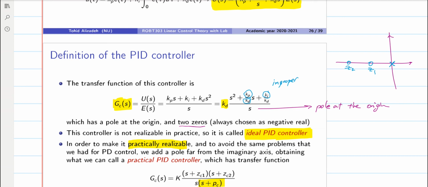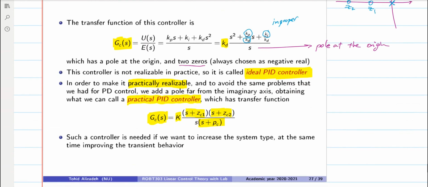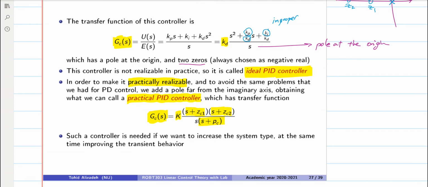And that pole will be introduced far from the origin. Then we will have the practical PID controller with this transfer function: K times S plus CC1 times S plus CC2, over S times S plus PC.